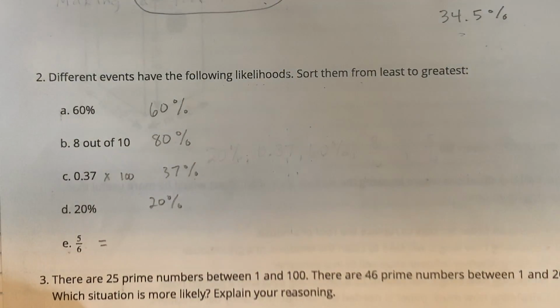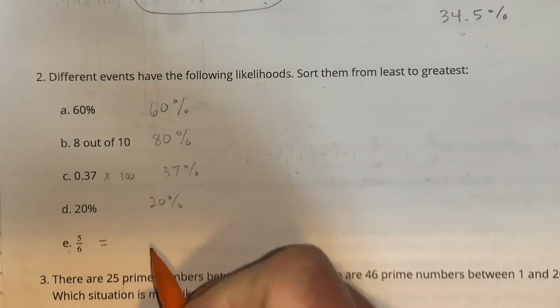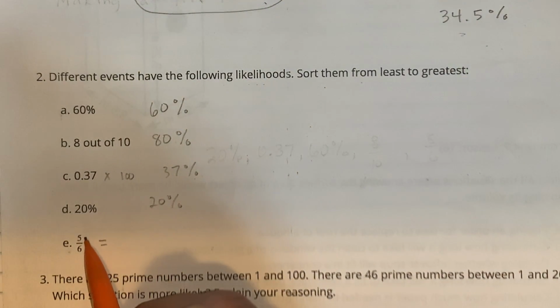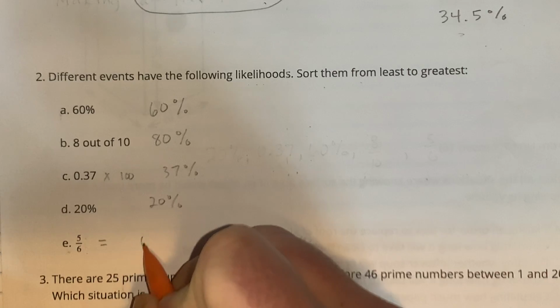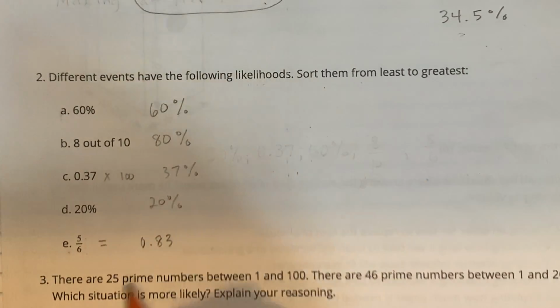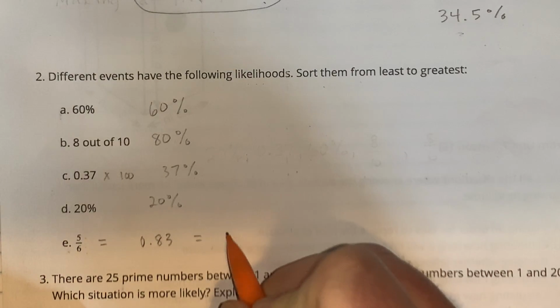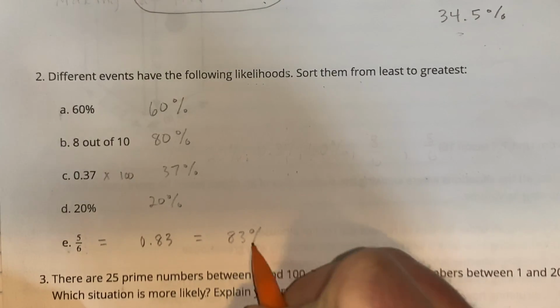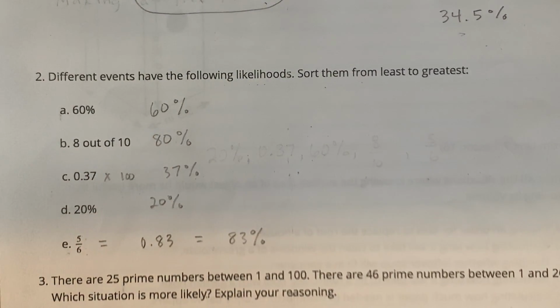You could use the calculator on your computer too, if you have it, or your smartphone. Remember, if we divide the numerator by the denominator, that's going to give us the decimal form. And in this case, the decimal would be 0.83, 5 divided by 6. And 0.83 converts into a percentage by just multiplying by 100. So that would be an 83% chance.